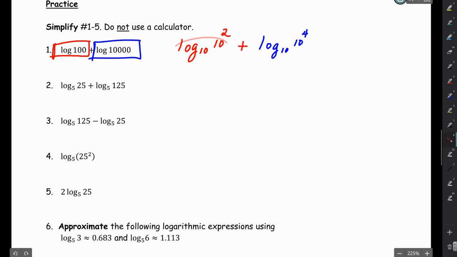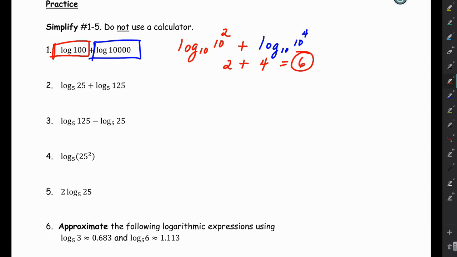The log base 10 of 10 is just 1 for both of these, and because of the power rule, I can bring the 2 out front and the 4 out front. So what do we end up with here? We end up with 2 plus 4, which is going to give us 6. All right, you should try to do the rest of these on your own and see how you do.